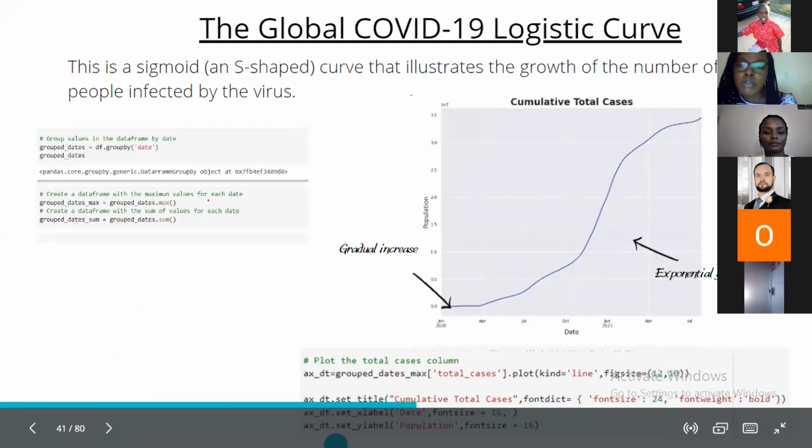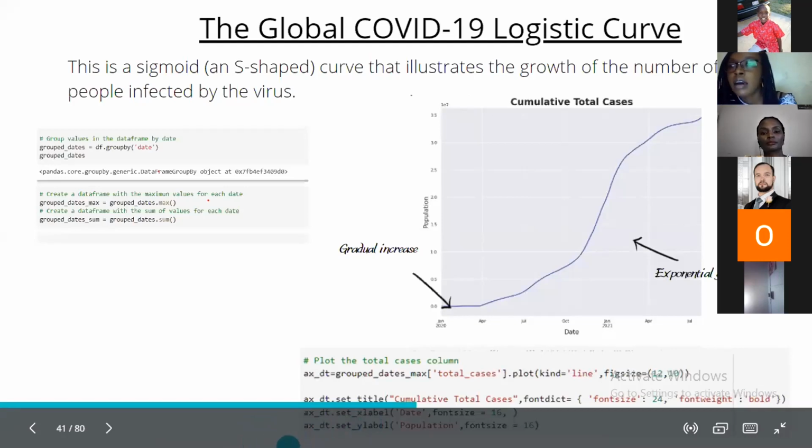And as we know with infectious disease, if I get infected, I won't just spread it to one person, but I might spread it to 3 or 5 or more. And that leads to exponential growth of the disease. This is clearly illustrated in the graph, where we plotted the maximum cases per date. We can clearly see that initially there was gradual growth and then exponential growth.